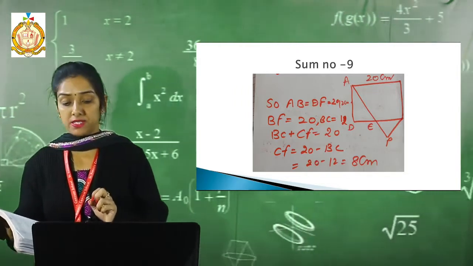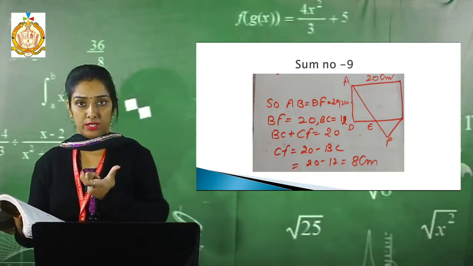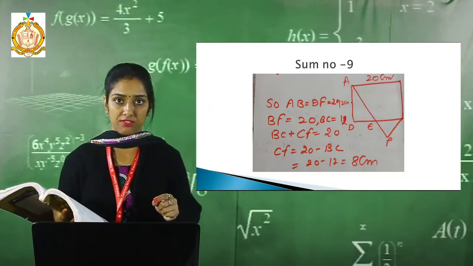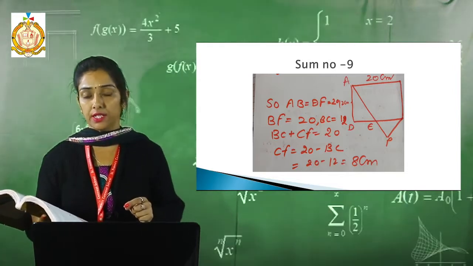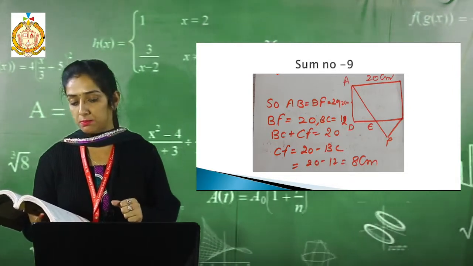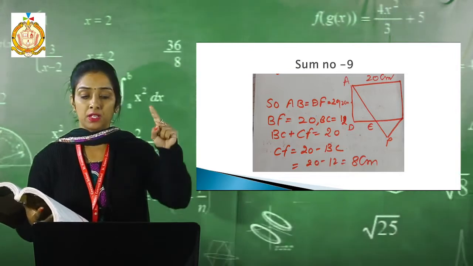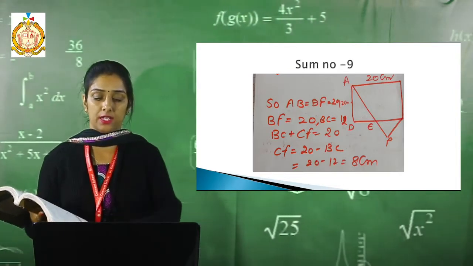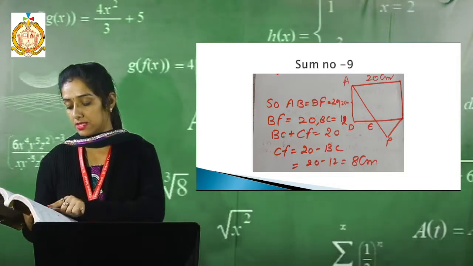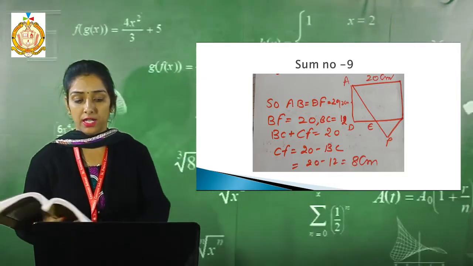So in ABCD, AB is 20 centimeters, the upward line is AB, that is 20 centimeters, and AD is 12 centimeters. The line bisects angle A and meets DC at E and BC produced at F.